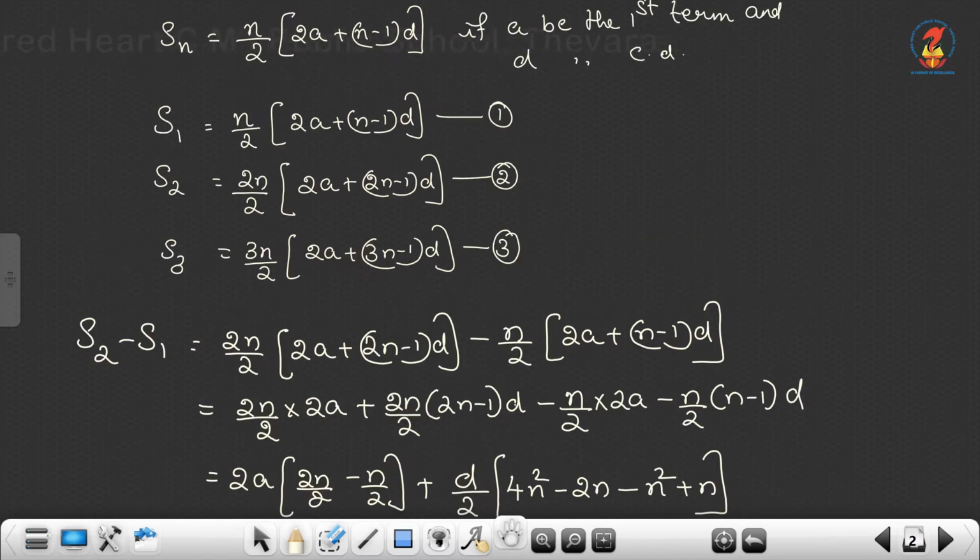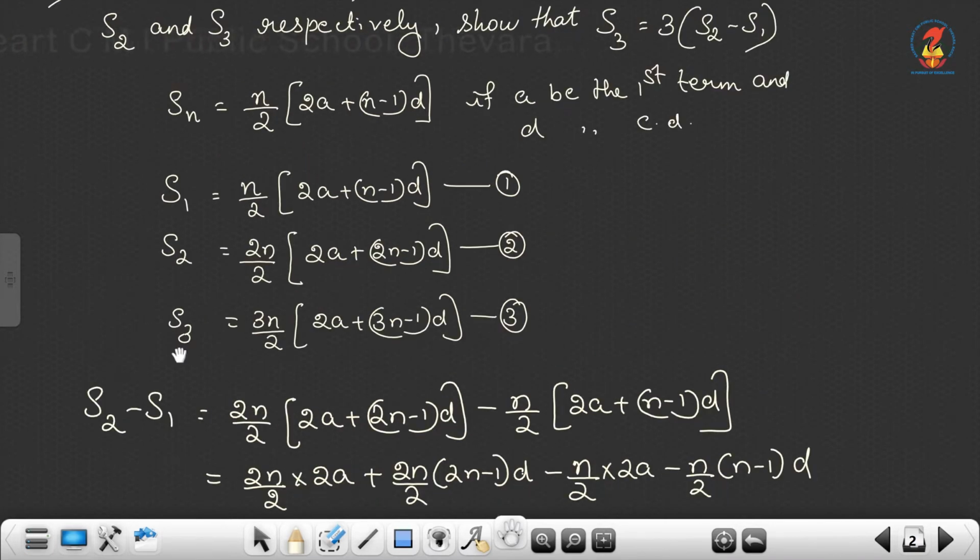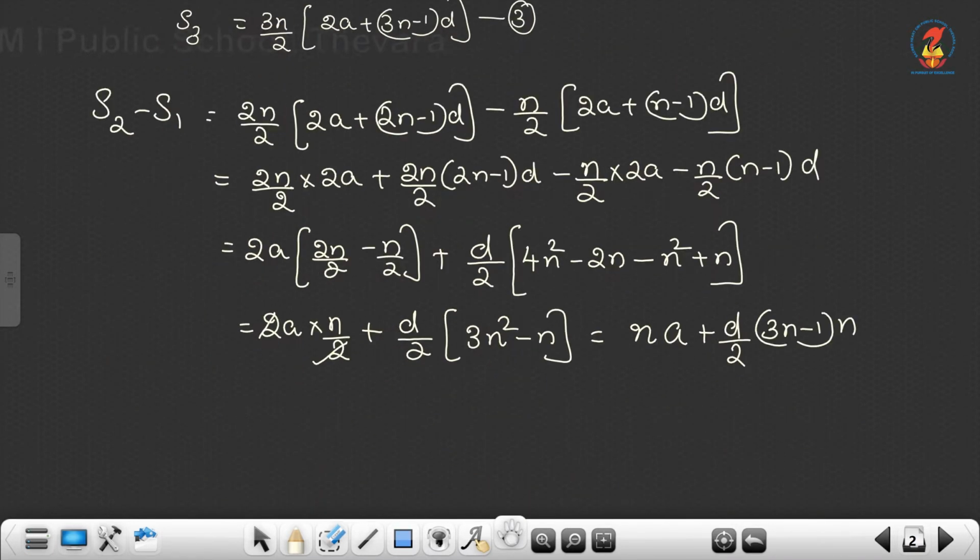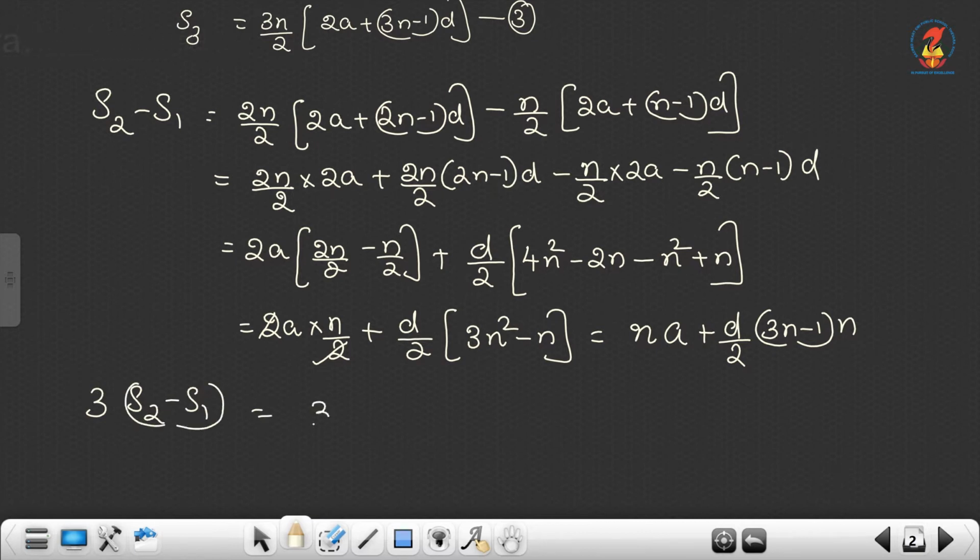But in the question, right hand side is 3 times S2 minus S1. So, multiply by 3. When we multiply by 3, 3n into a plus 3n minus 1 into d by 2.